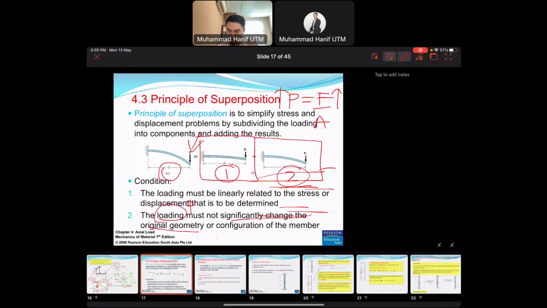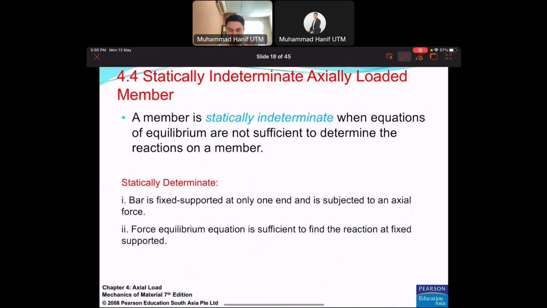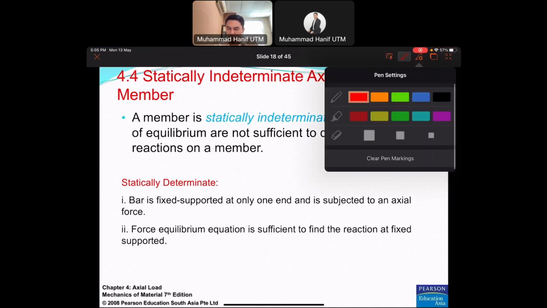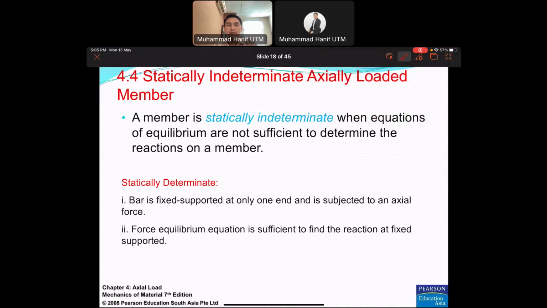Okay, the second part of this video is about the statically indeterminate axially loaded member. From here, there are some cases where we cannot use the equations of equilibrium.